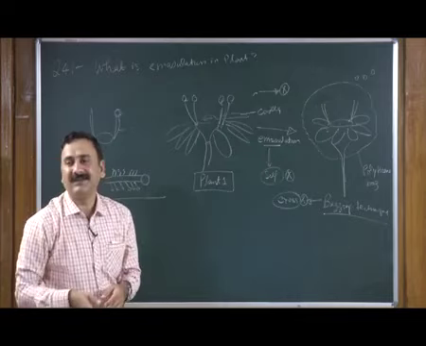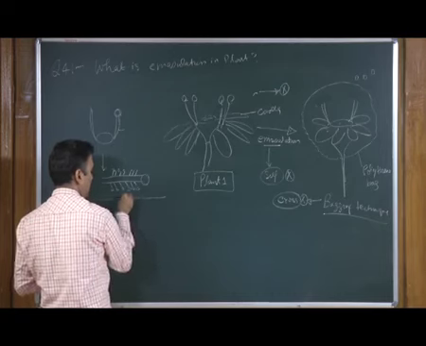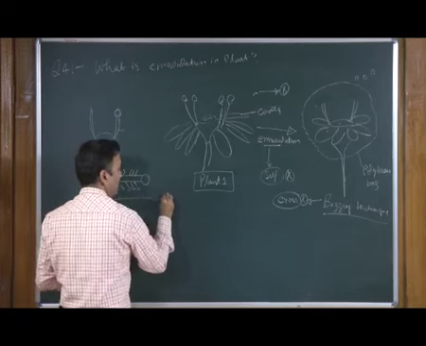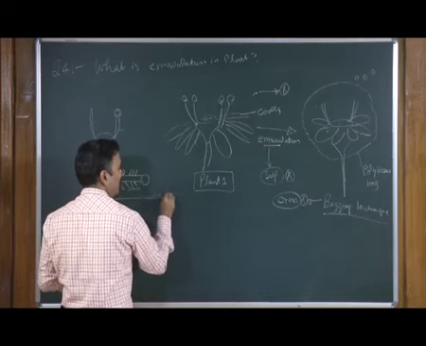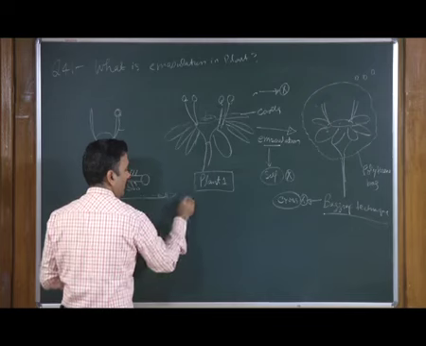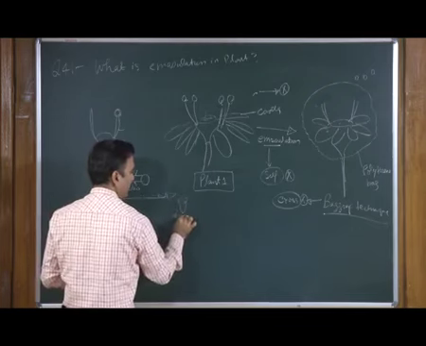Once you tap it, the pollen grains get collected on the paper, and then you can collect these pollen grains into a tube and store them. These tubes are called eppendorfs.